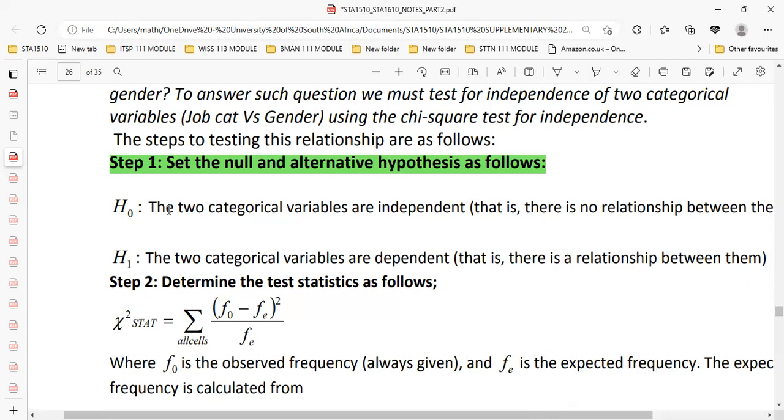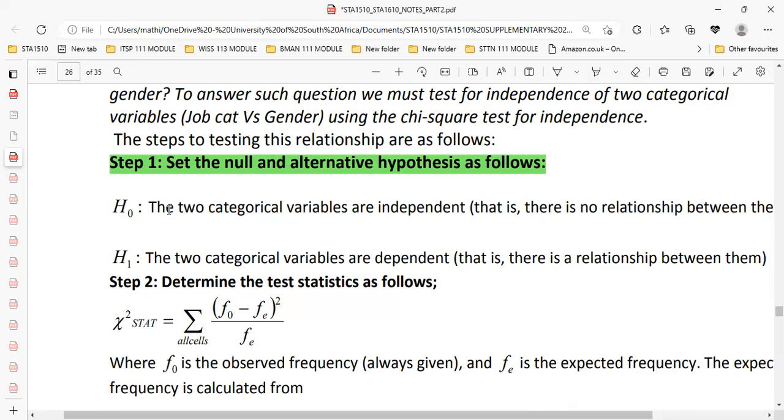Because we are dealing with the chi-square test for independence, with the null hypothesis in this chapter, you don't have to say, oh, here I'm dealing with greater than, less than, or two-sided. No, you don't have to do that. In this chapter, just know that the null hypothesis deals with independent variables.